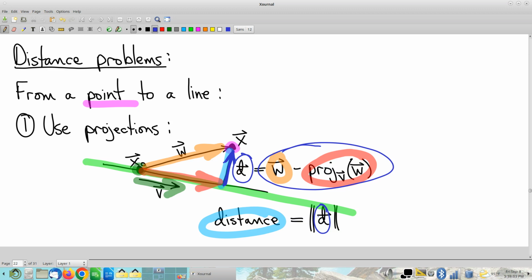Everybody see the strategy there? The big picture here is that in some sense w represents moving from the line to the point, but it does so in this weird way where there's a parallel movement along the line. That's not what we're interested in. We're interested in the perpendicular motion from the point to the line or vice versa.